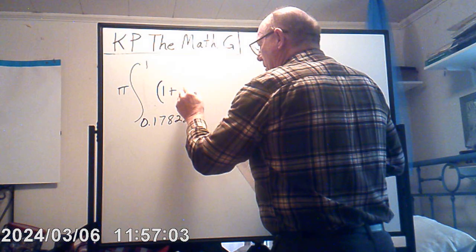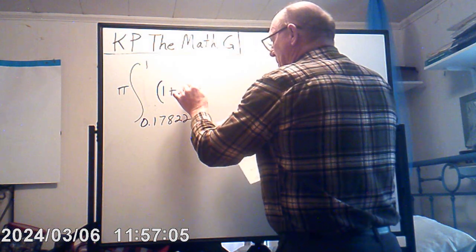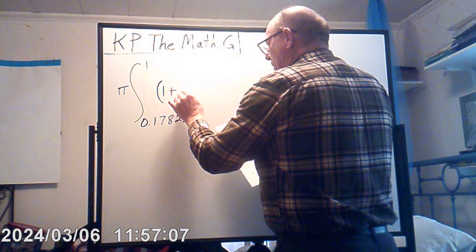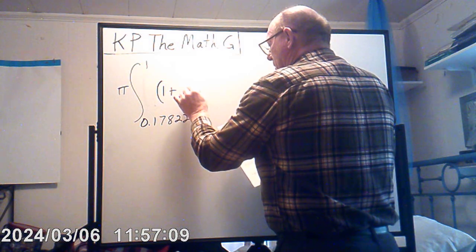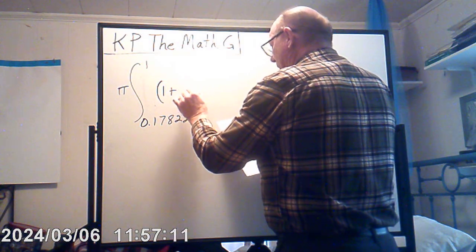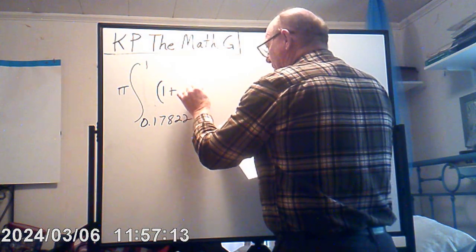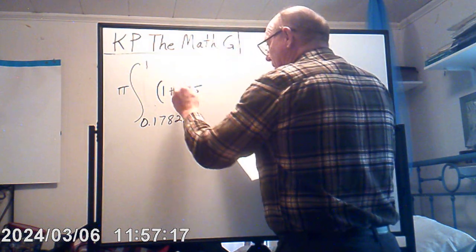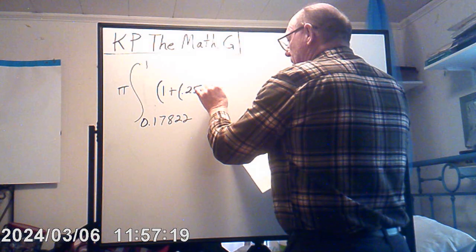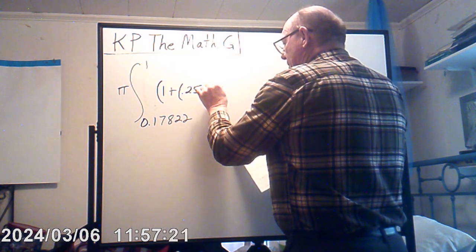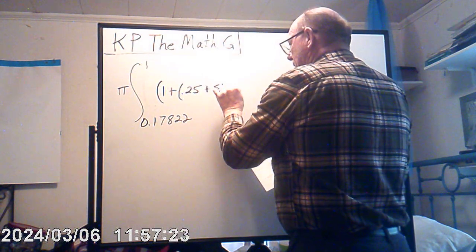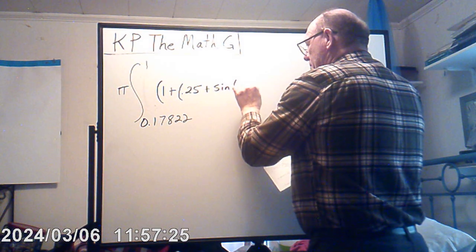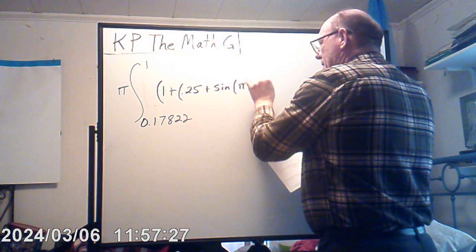So 1 plus 0.25, it was this right here, plus sine pi x.